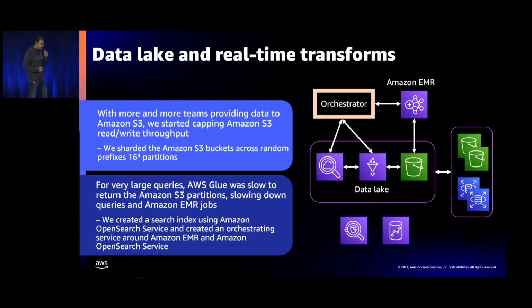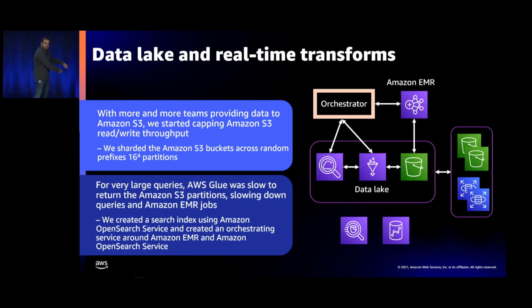What we realized was that the need for a searching system is there. Glue is basically supporting EMR by figuring out what are the right S3 buckets that need to be pulled up and given to EMR for the further map reduce jobs that would run there. We built a search solution for this. We created an orchestrating system, which would listen to the jobs that were fired on EMR.